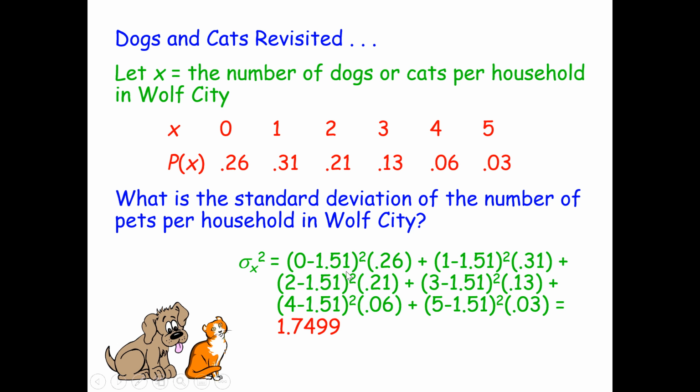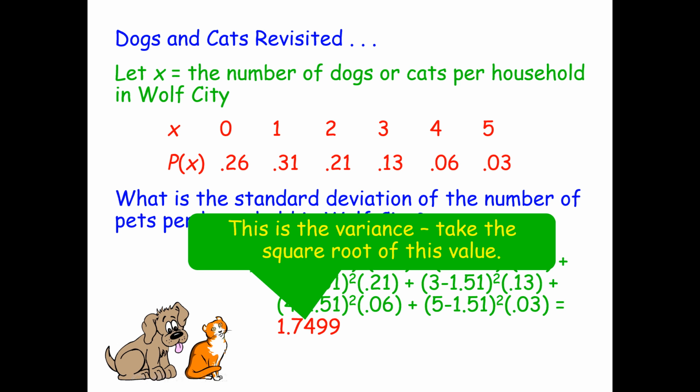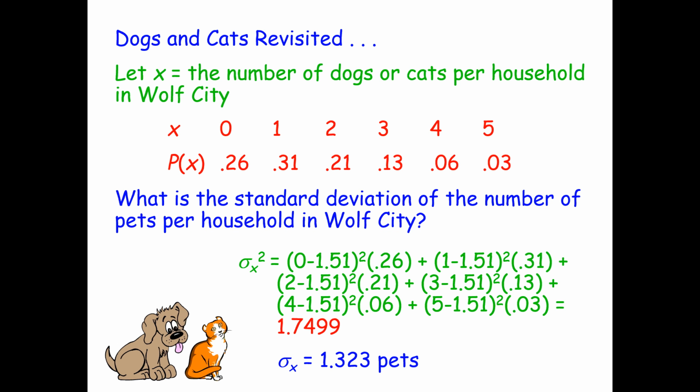So remember, this is our x, this is our mu sub x quantity squared times the probability of 0. You'll notice that that happens at each piece. So when we sum all those together, that gives us 1.7499. This is the variance. So we're going to take the square root of that, and that's going to give us our standard deviation sigma sub x, which is 1.323 pets.